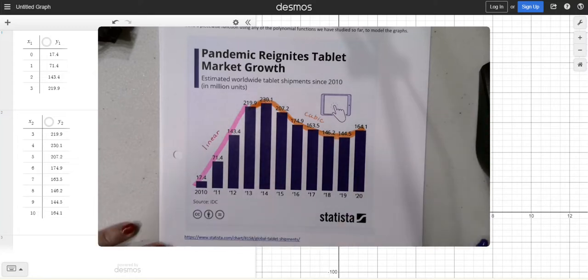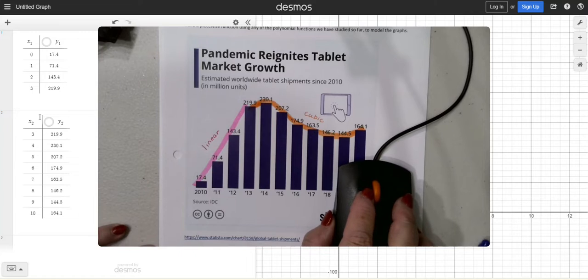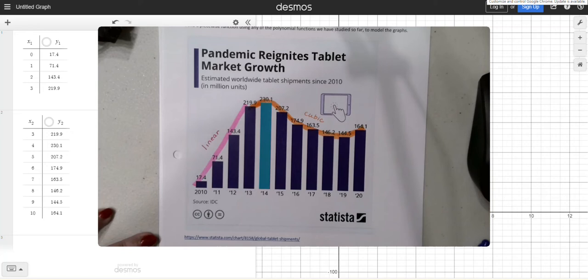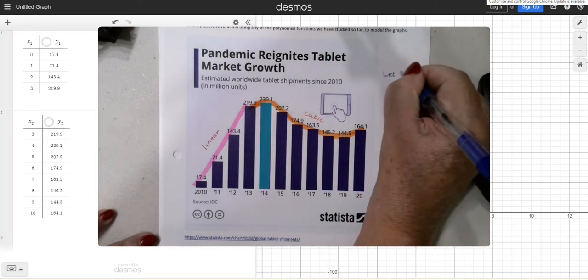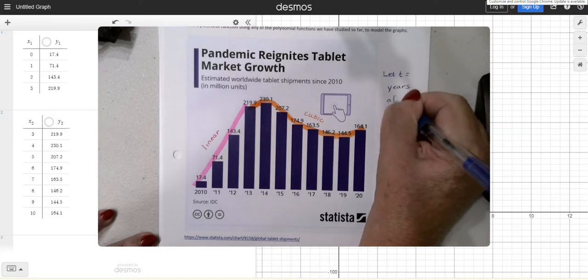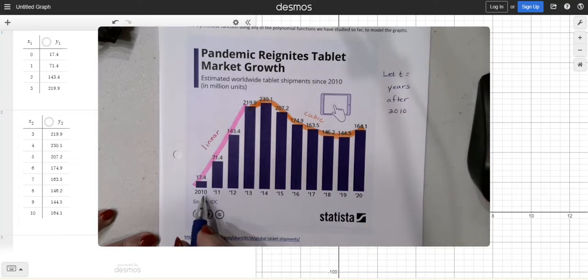I have already pre-entered the data into Desmos for us. So you can see over here in my Desmos table, my first table for the years, and I am letting T, by the way, be years after 2010. So this would be the years 0, 1, 2, and 3 that I'm including in my linear piece.